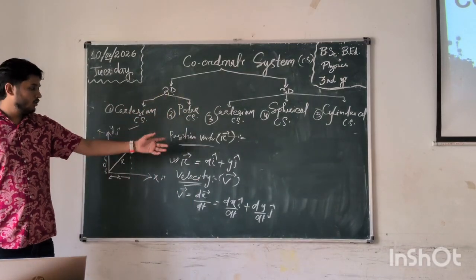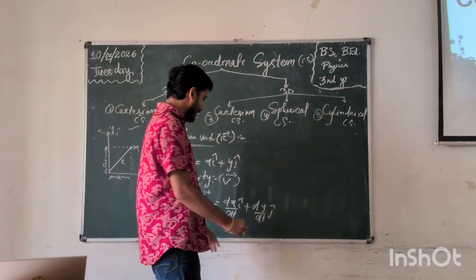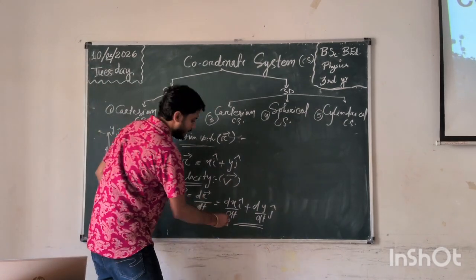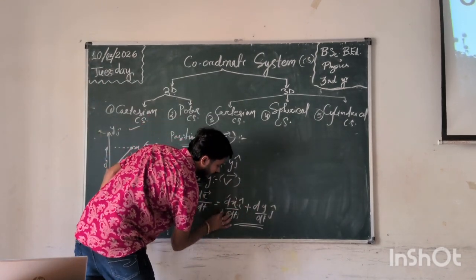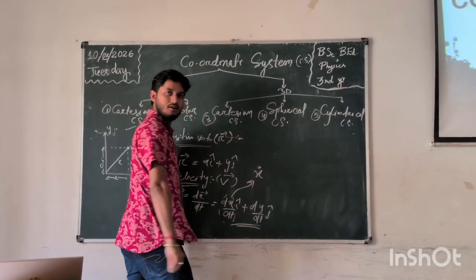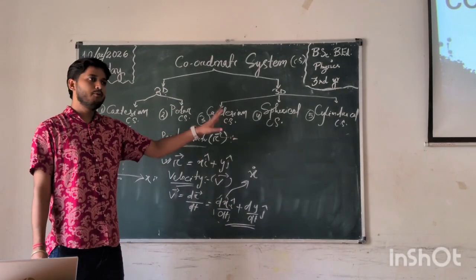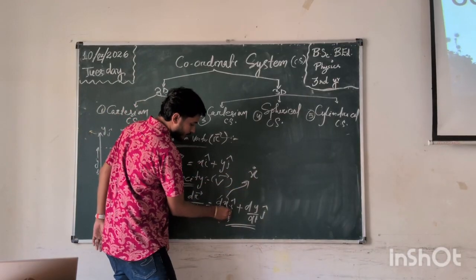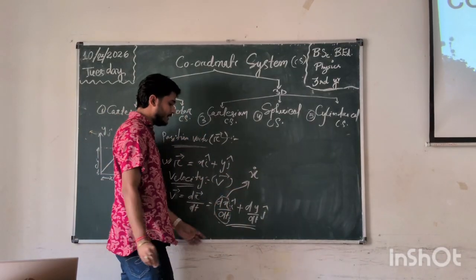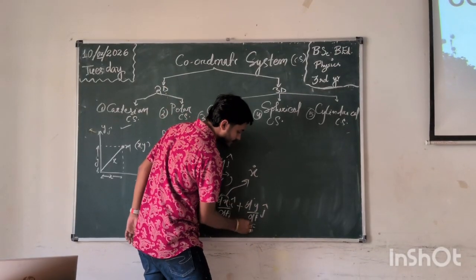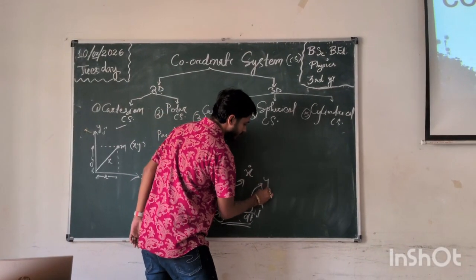But to ease our expression, in the coordinate system for dx by dt, we can use x dot. In our classical mechanics, we are going to use dx by dt as x dot and dy by dt as y dot.